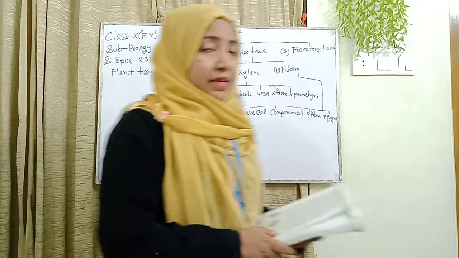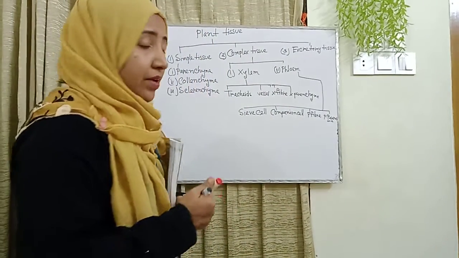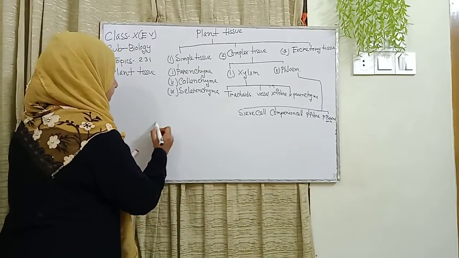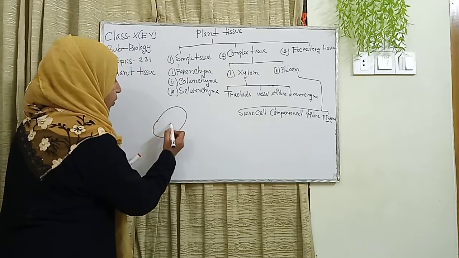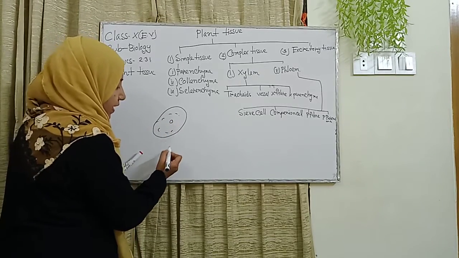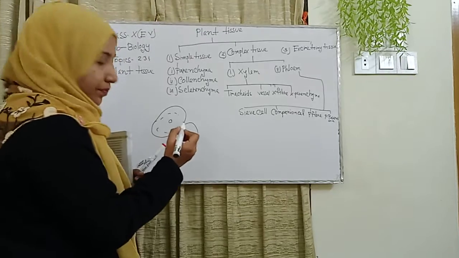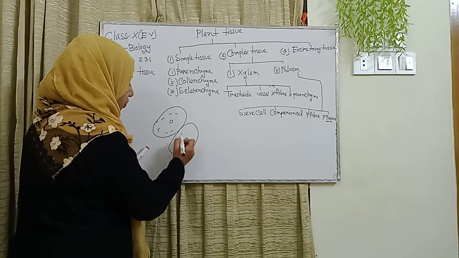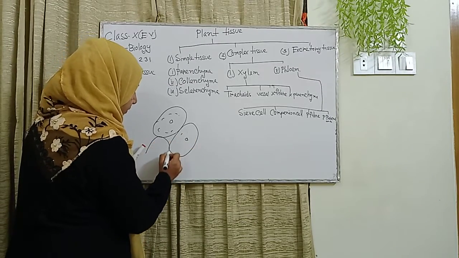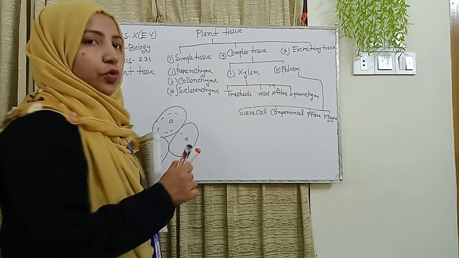Our first topic is parenchyma and I will draw this. I draw one cell with nucleus and protoplasm, another cell of the same size and shape with nucleus and protoplasm, and another the same.